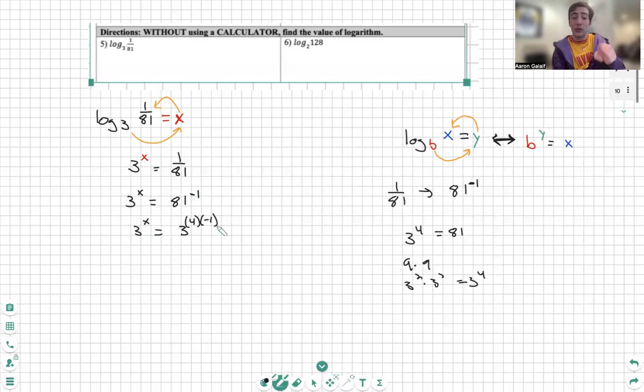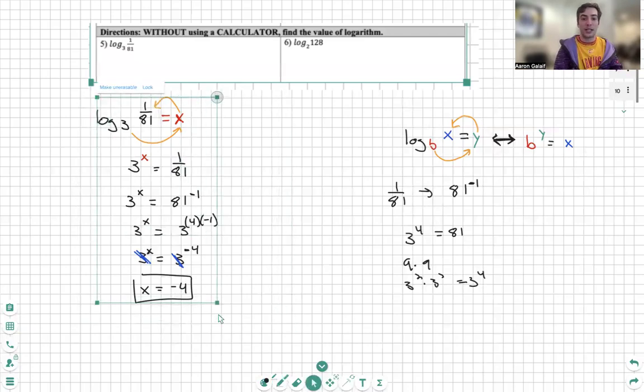So I have 3 to the power of 4 times negative 1 up there. Then, cleaning it up, 3 to the x is equal to 3 to the power of negative 4. Now, are the bases the same? Yes, they are. So we can cancel the bases and just set these exponents equal to each other, and we are good to go. So that is how we solve that problem in logs without using a calculator.